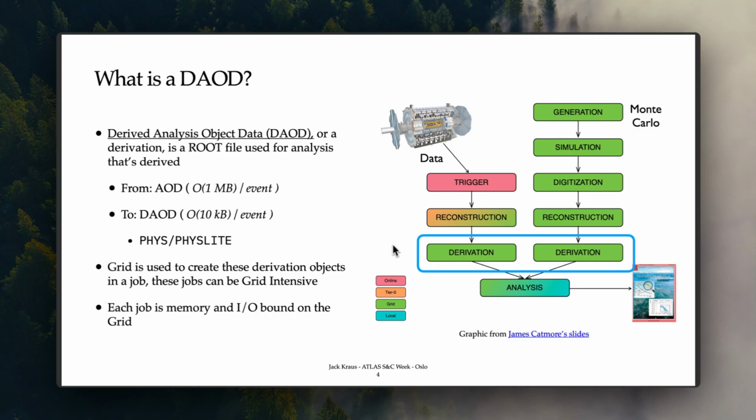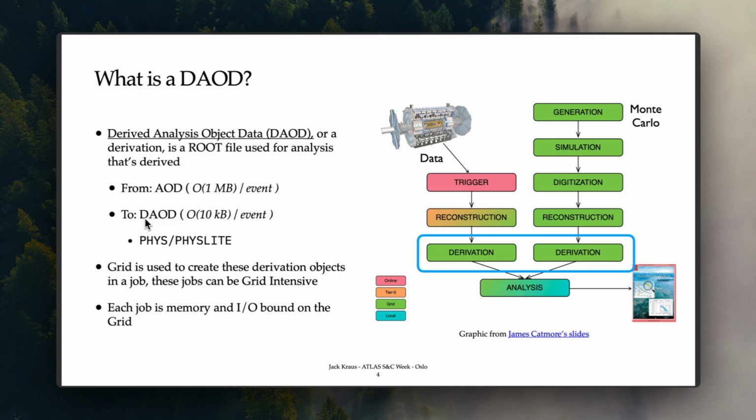And in this process of creating a DAOD, we end up seeing some memory limitations and some IO limitations. That's something we want to figure out how to mitigate for the future of computing work.